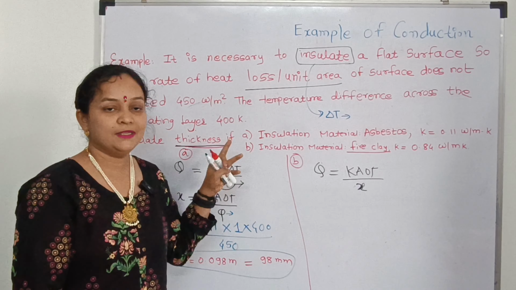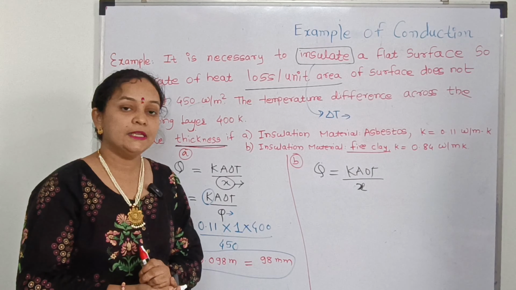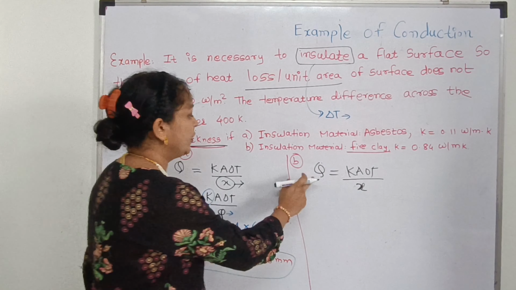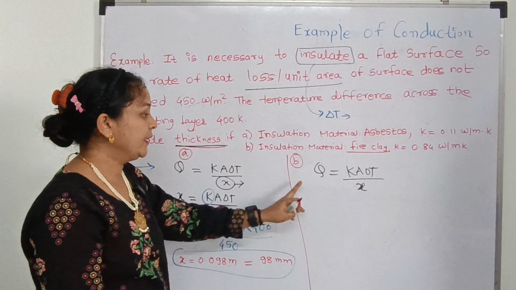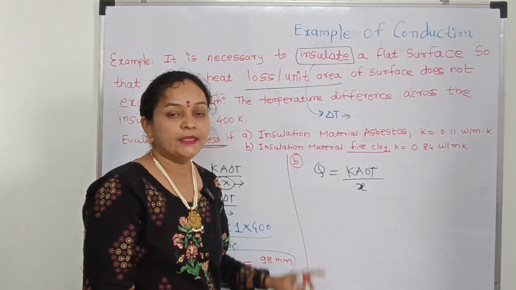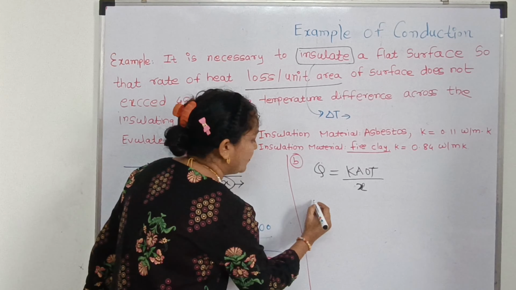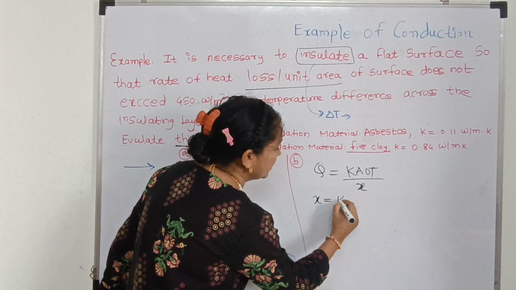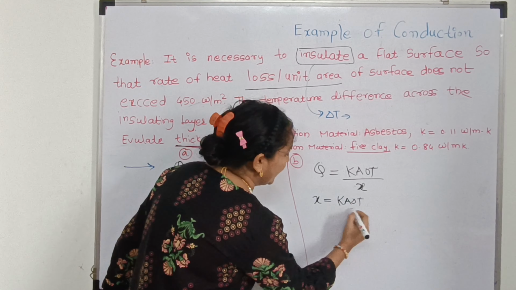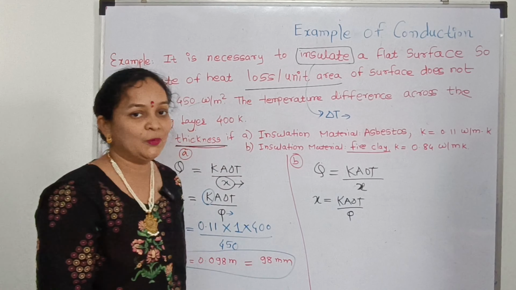Now for the second insulating material, fire clay, the same formula applies: Q is equal to kA delta T by x. You rearrange it in the form of x, which means you calculate the thickness.